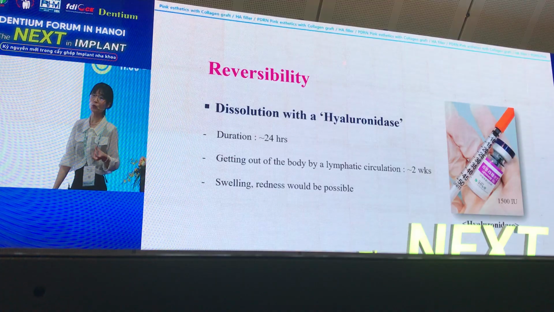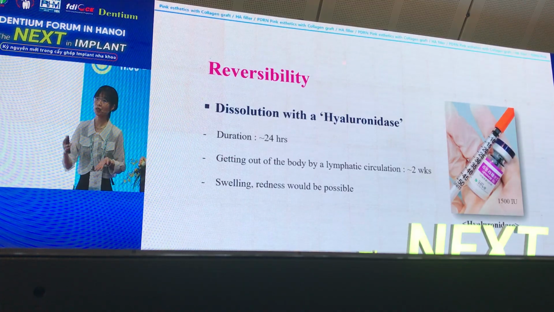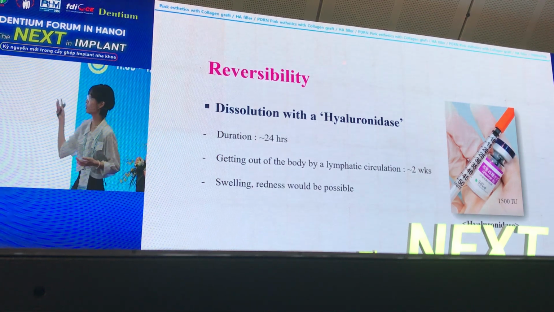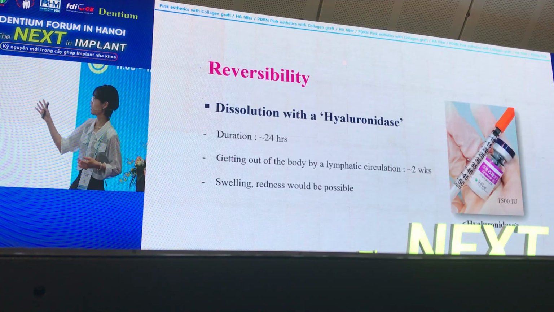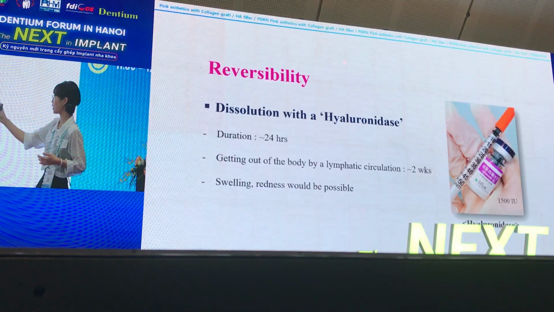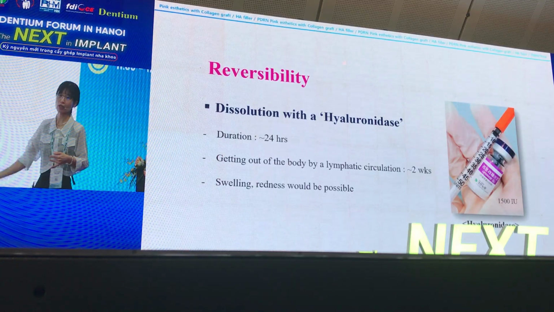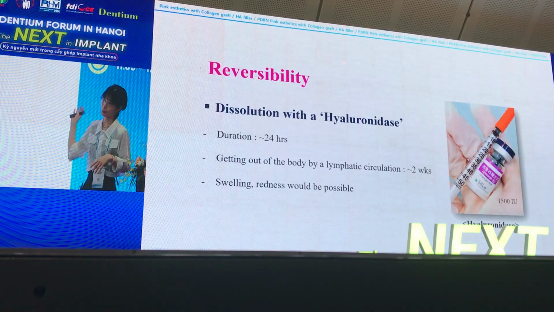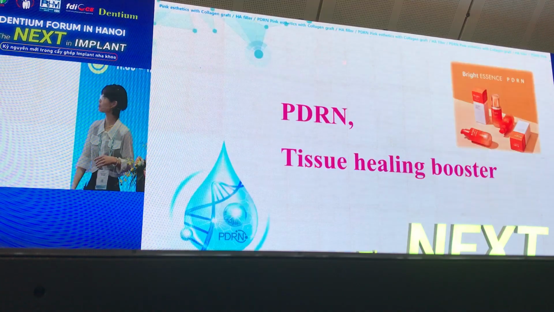So if you want to resolve it again, you have to wait 2 weeks, and after 2 weeks apply the hyaluronidase again. And you also have to mention the side effects, right? Swelling and redness are possible for the patient. So don't worry about the blood vessel because we have solutions.